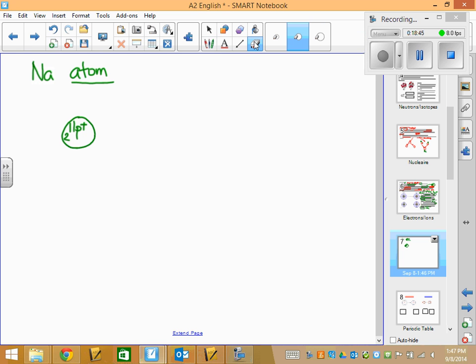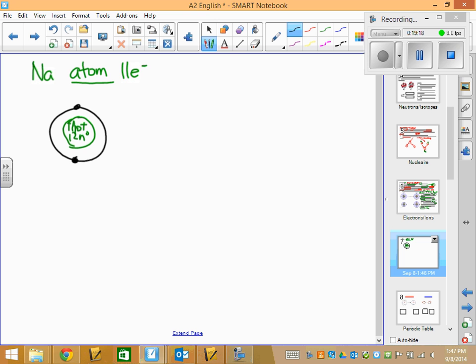Let's make that a little easier to read. So there's my 11 protons and my 12 neutrons. That's what would be in the nucleus. Now, what really concerns us here are the electrons. A sodium atom should have 11 electrons because an atom always has an equal number of protons and electrons. If I was to draw a sodium atom, I would start out by putting 2 electrons on the first energy level.